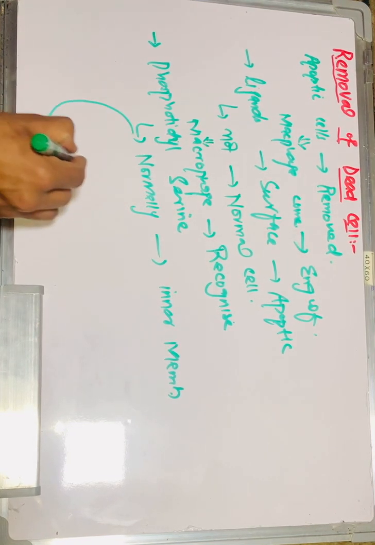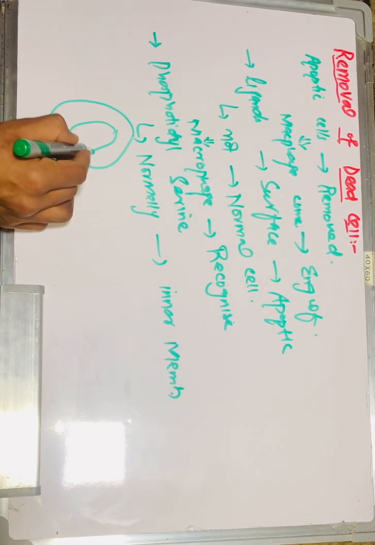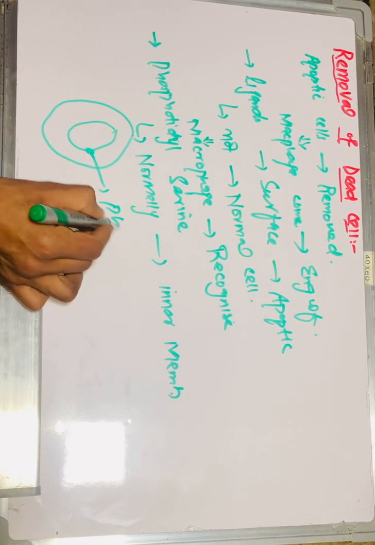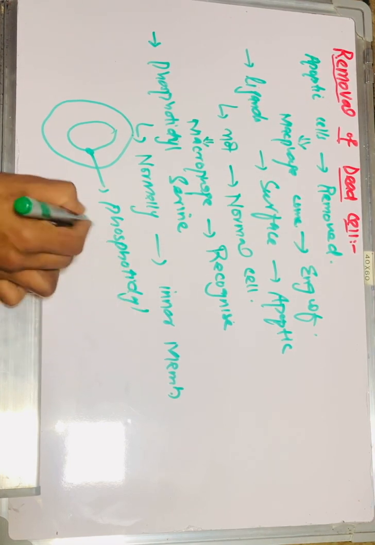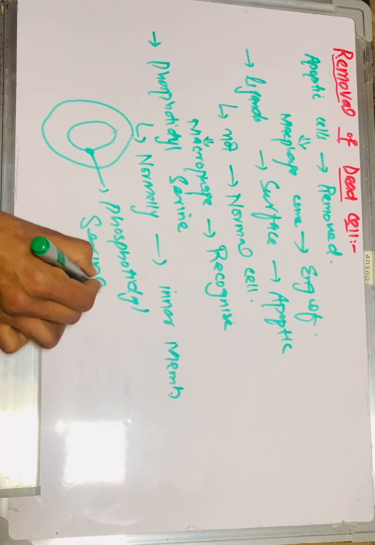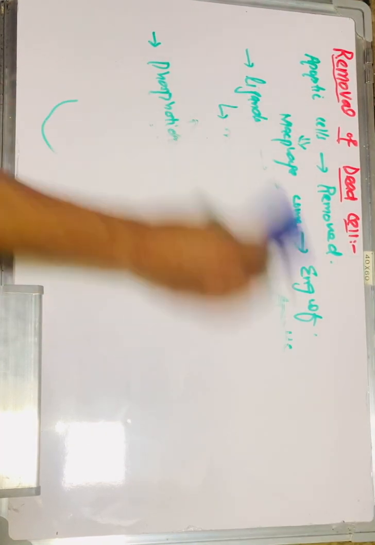Suppose this is a cell, this is the internal membrane, it will be present here. This is phosphatidyl serine.